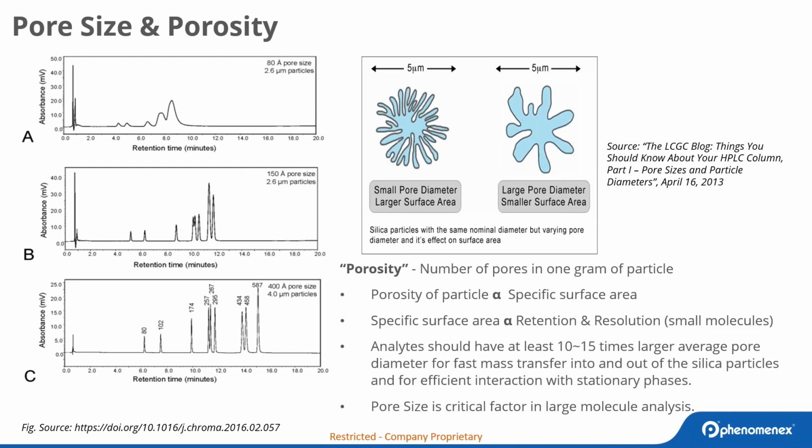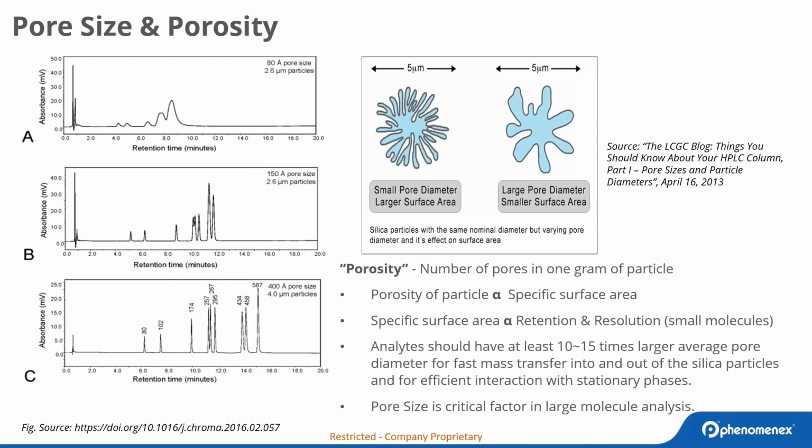As we know, surface area and porosity of a particle are interdependent. Important to note here, usually the particles that have smaller pores have larger specific surface area. But the surface area of 1 gram of particle also depends on the number of pores there are in that particle, and that's what is considered porosity.